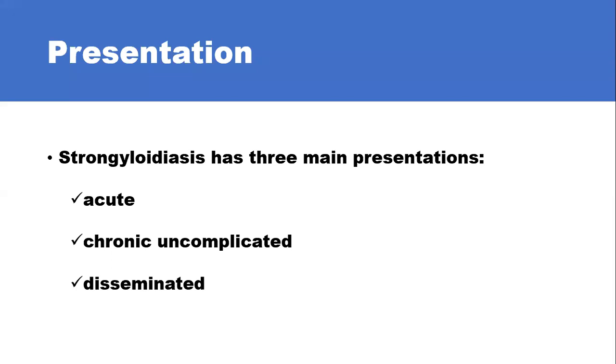Now, out of these three, the disseminated form is the most lethal because it tends to occur in immune compromised patients, and you can have the worms in any site of the body. Remember, I told you this is a roundworm. They can actually eat their way through various organs. So they can cross into the brain, you can find them in the lungs, you can find them in the heart, anywhere they feel like going, because they are distributed widely.